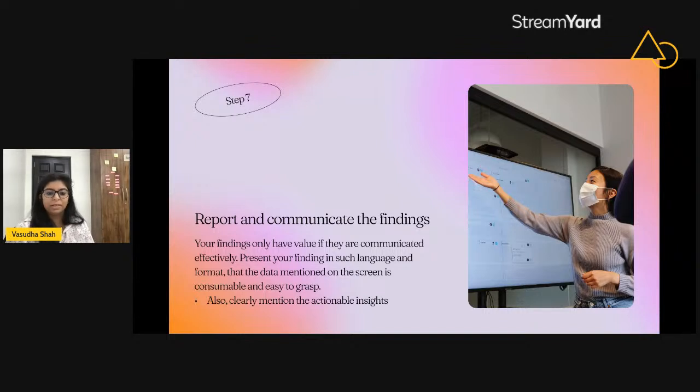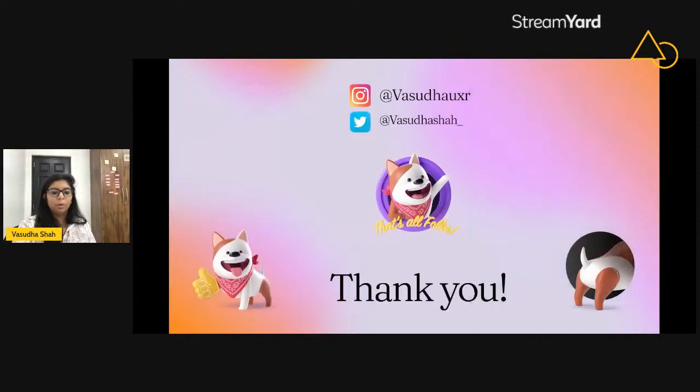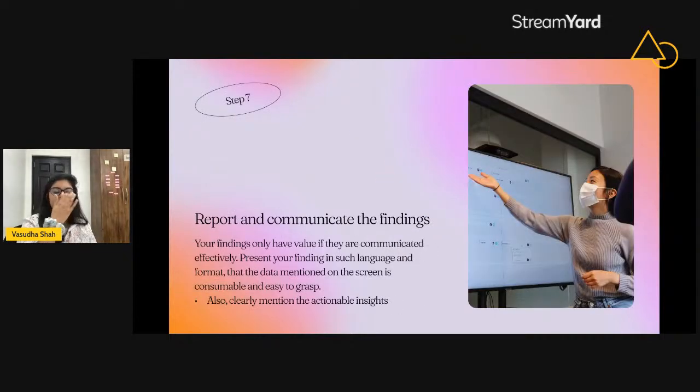So present your findings in such language and format that the data mentioned on the screen is consumable and easy to grasp. Also clearly mention the actionable insights. It's important to tell the readers or the stakeholders what the actionable insights are. Let's say you've done research and you want to convey it to your designers, right?